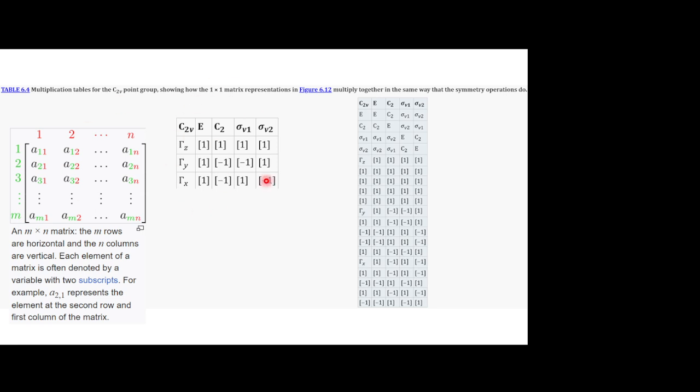So what we're actually looking at in these is matrices. They look like this. Has everybody seen that before? Okay, that's a matrix. Matrices are designated by an M times N. The vertical is the M number.